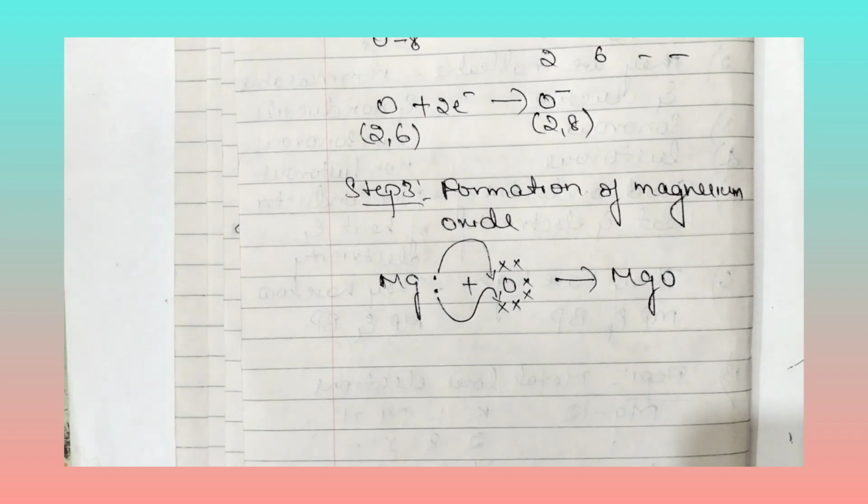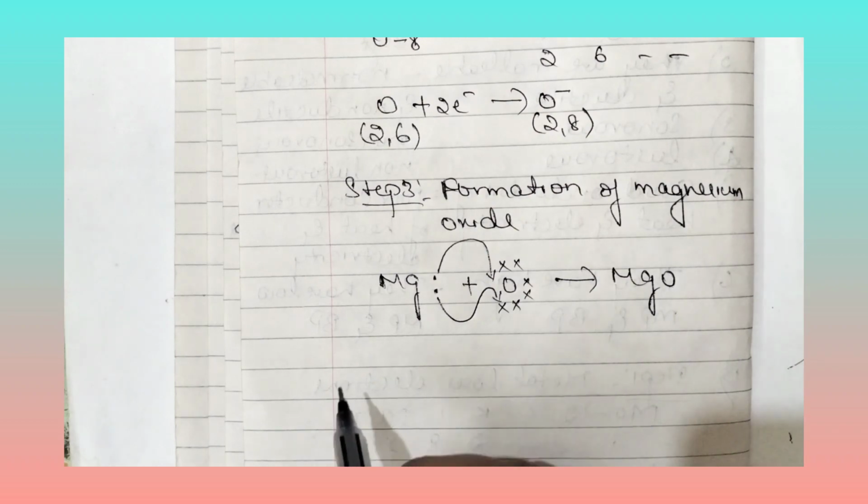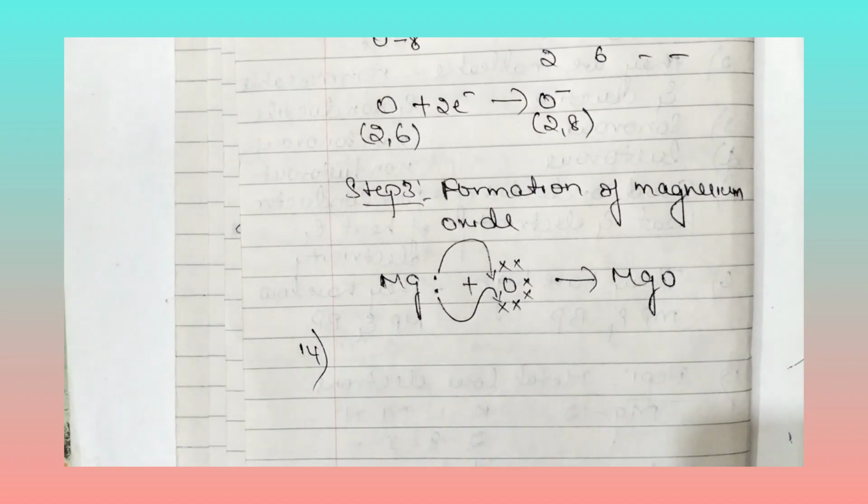So this is how magnesium oxide, which is an ionic compound, is formed. Now let us move to question number 14.